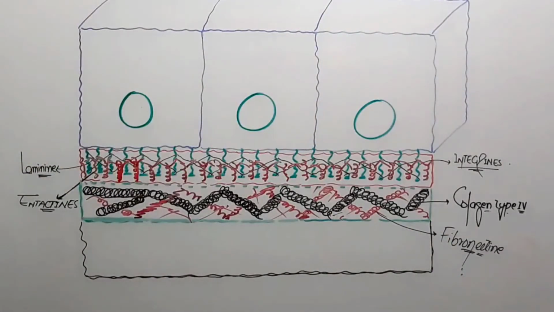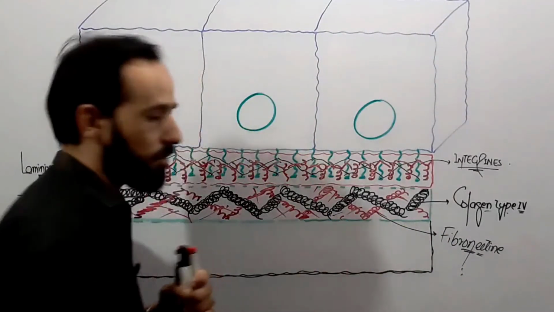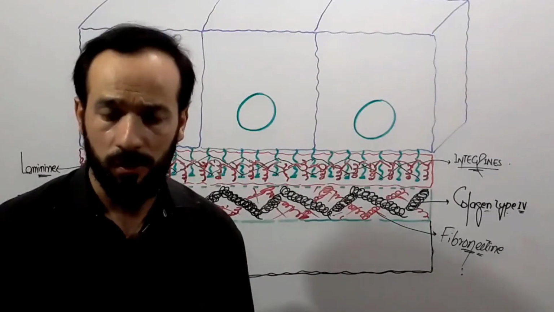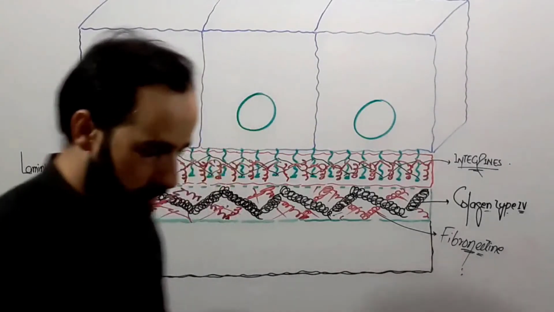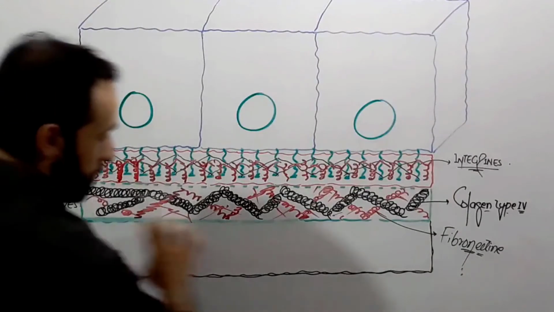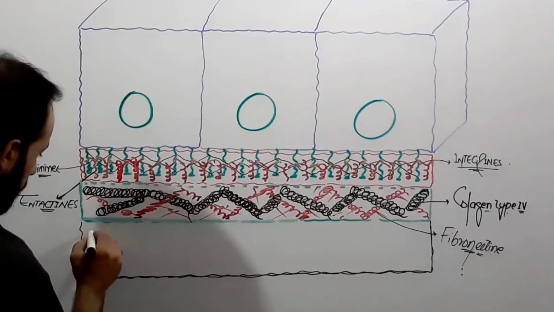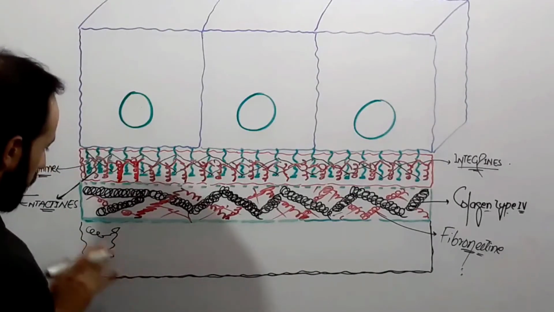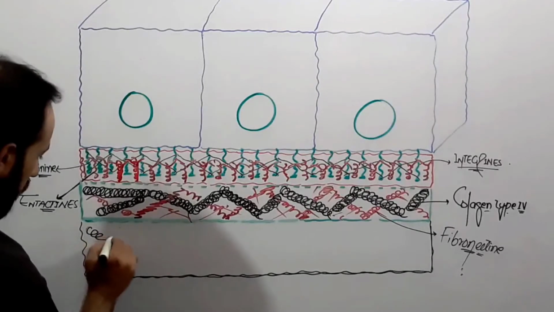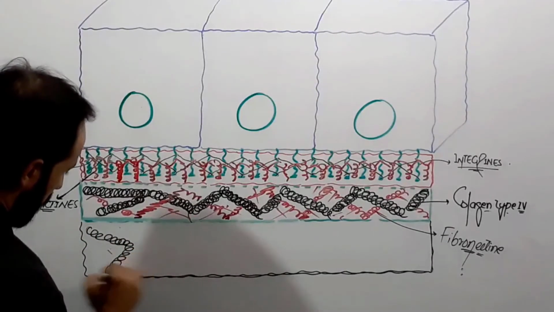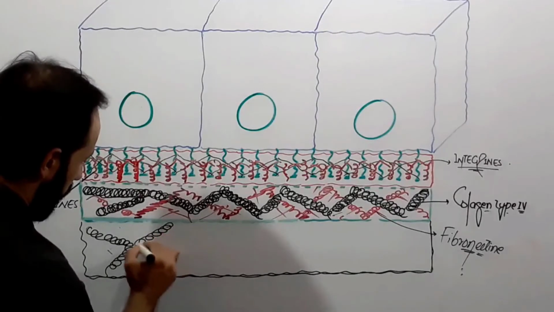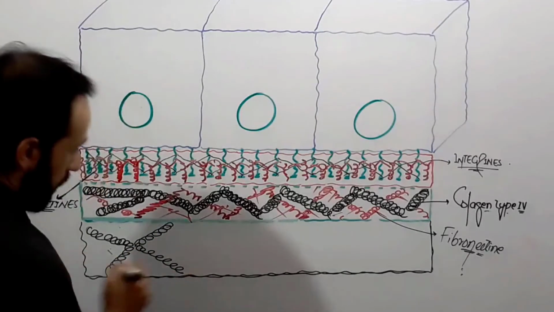This layer contains lots of proteins and lots of different substances also. So let's go into the detail of this layer. This layer contains collagen type 3. There are collagen fibers. Collagen type 3 is present there.